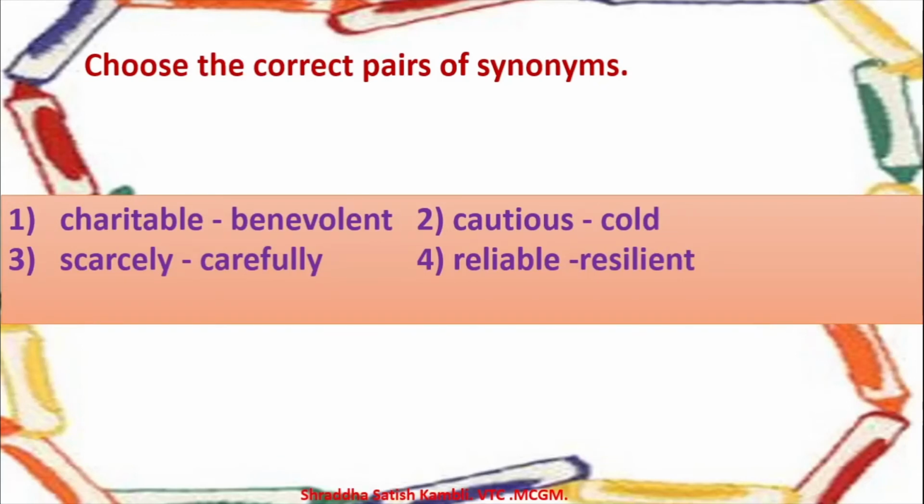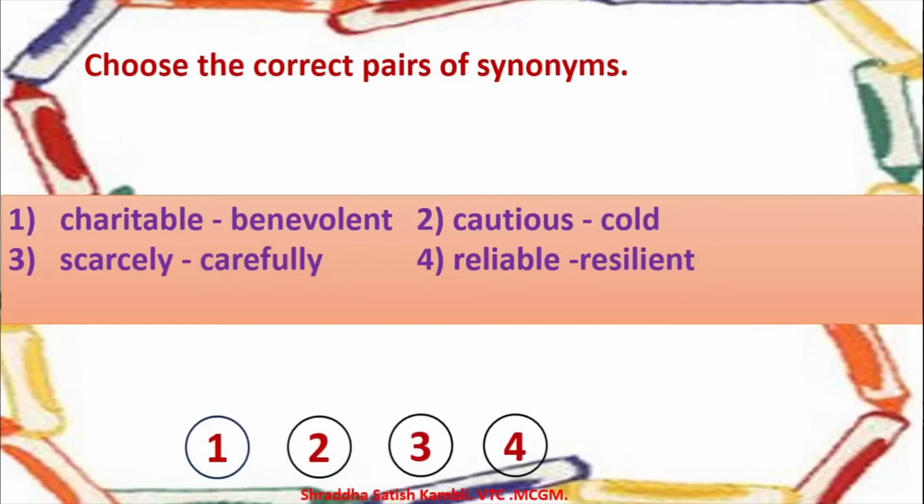Charitable and benevolent, cautious and cold, scarcely, carefully, reliable, resilient. Which is the correct pair of synonyms here? Yes, it is the first one, charitable and benevolent. Charitable means someone who's got a very large heart, someone who donates a lot.